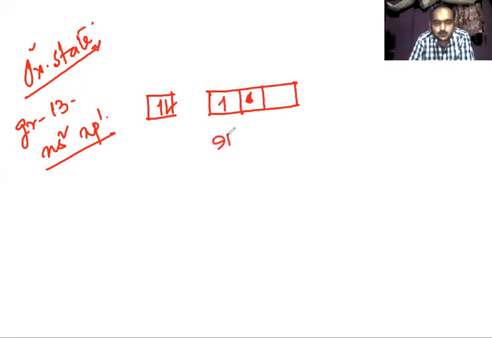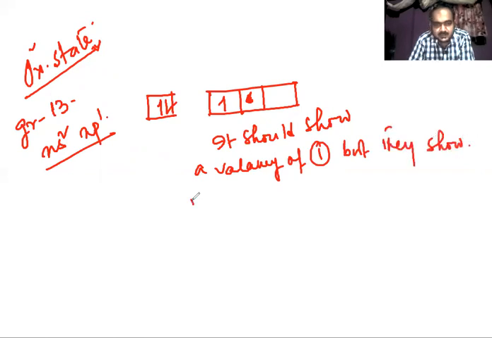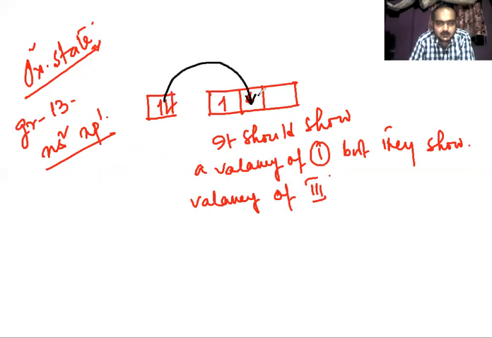It should show a valency of 1, but they show a valency of 3. This is because one electron is transferred from here to here. This is what happens whenever you excite one electron from the ns orbital to the np orbital.